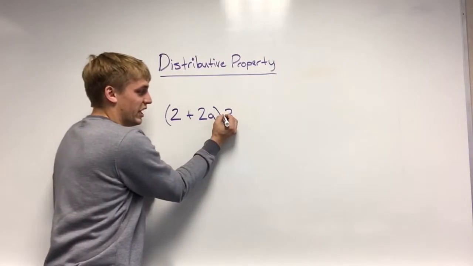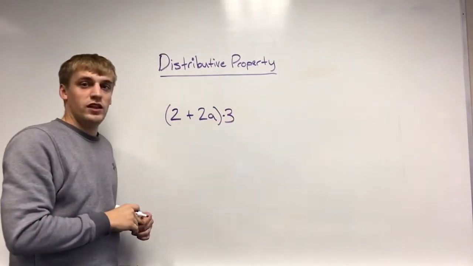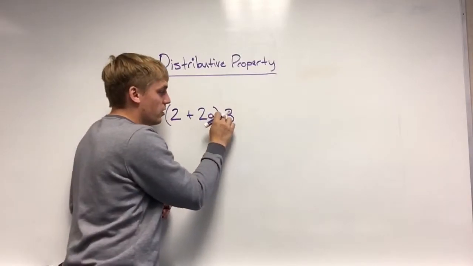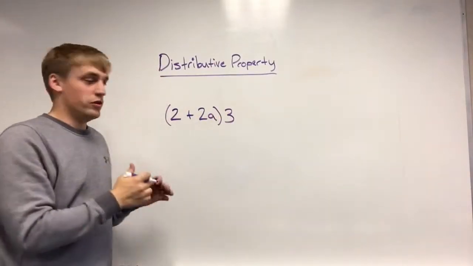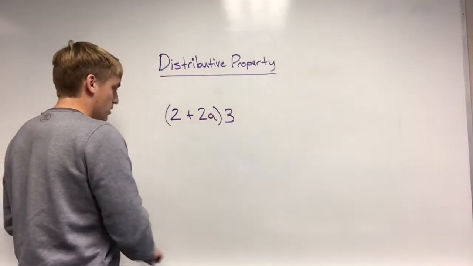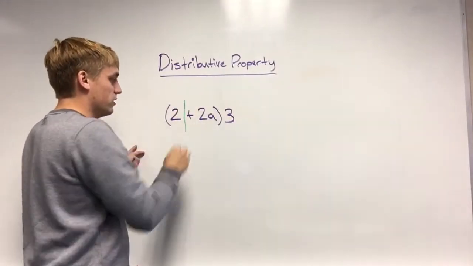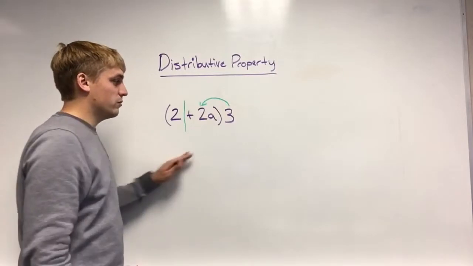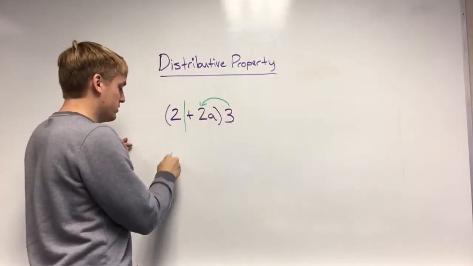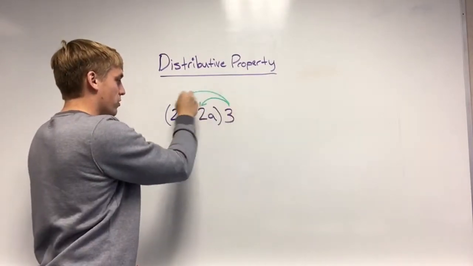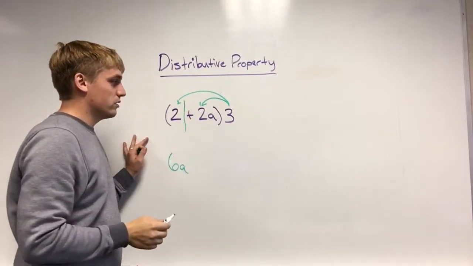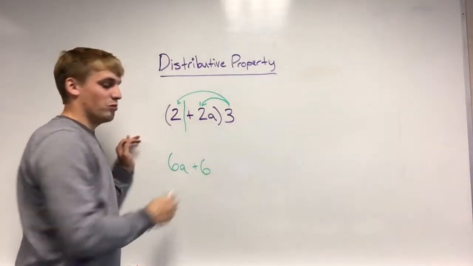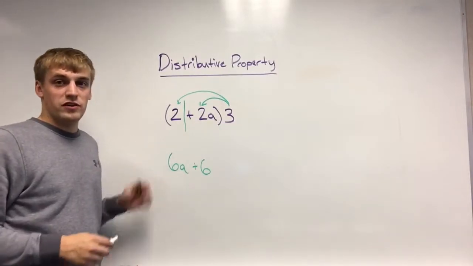They might even put a times sign in there like that with the dot, the way that we show multiplication now. You can still distribute. If I split the terms up inside the parentheses, 3 times 2a is 6a, and 3 times 2 is 6, so this is 6a plus 6. That would be the simplified expression.